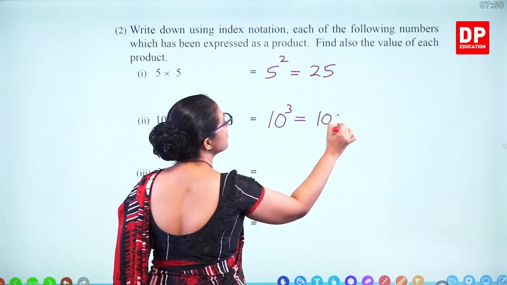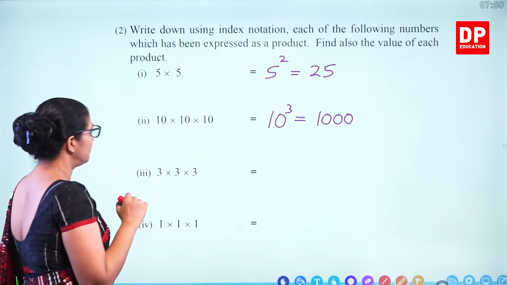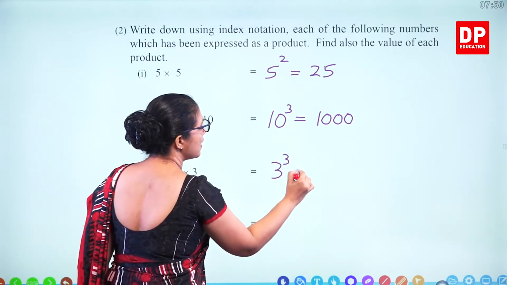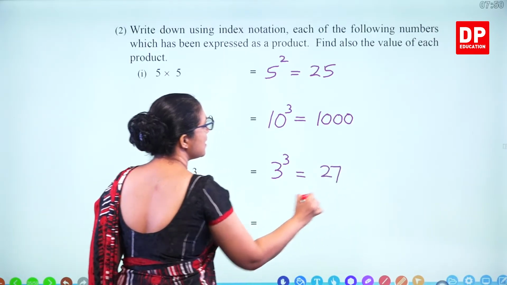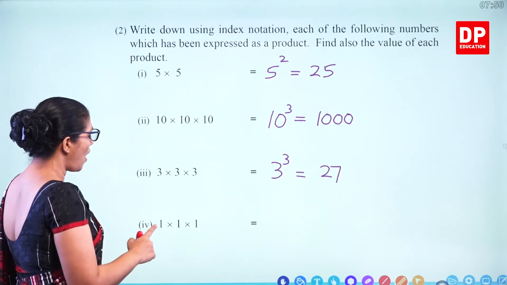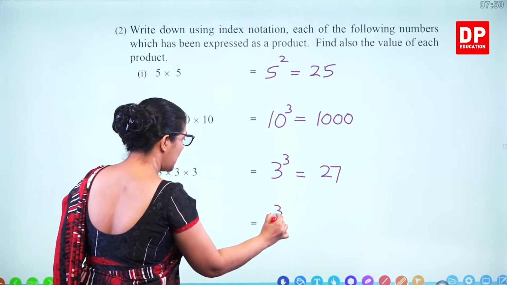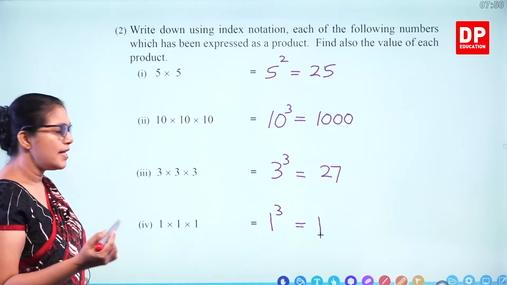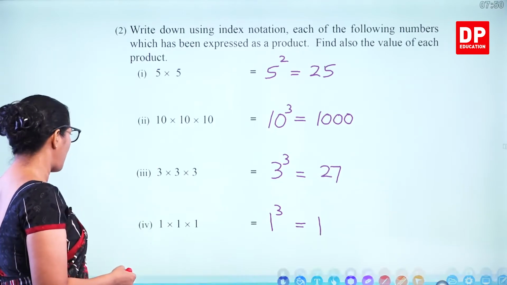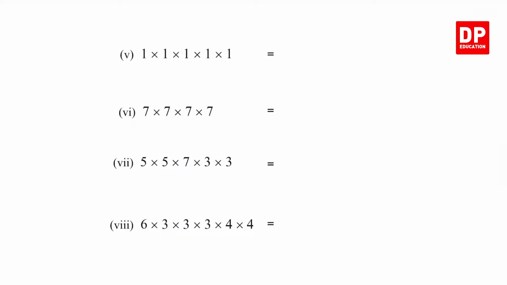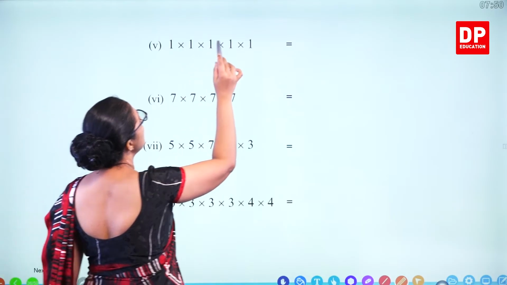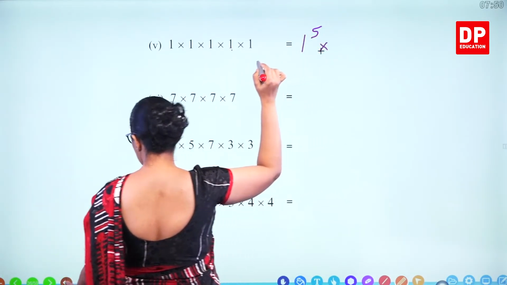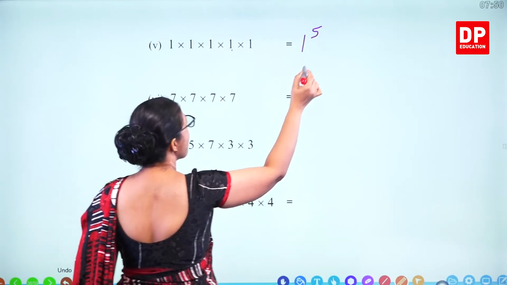That's 1000. 3 times, 3 to the power of 3. That's 27. 1 to the power of 3. That's 1. 1 to the power of any number is 1. 1 to the power 5, that's 1.